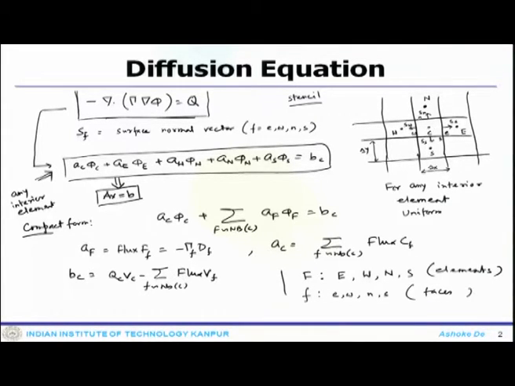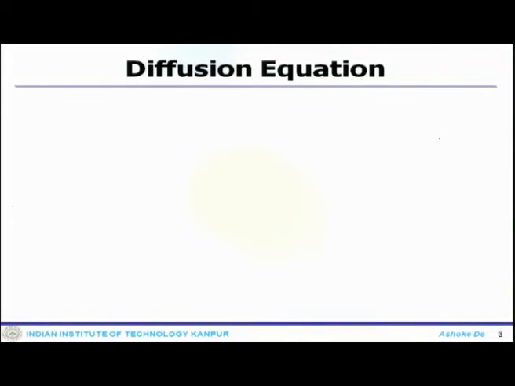The east face is a common face between element E and C, the north face is a common face between N and C, the west face is a common face between C and the west element, and the south face is between C and S.